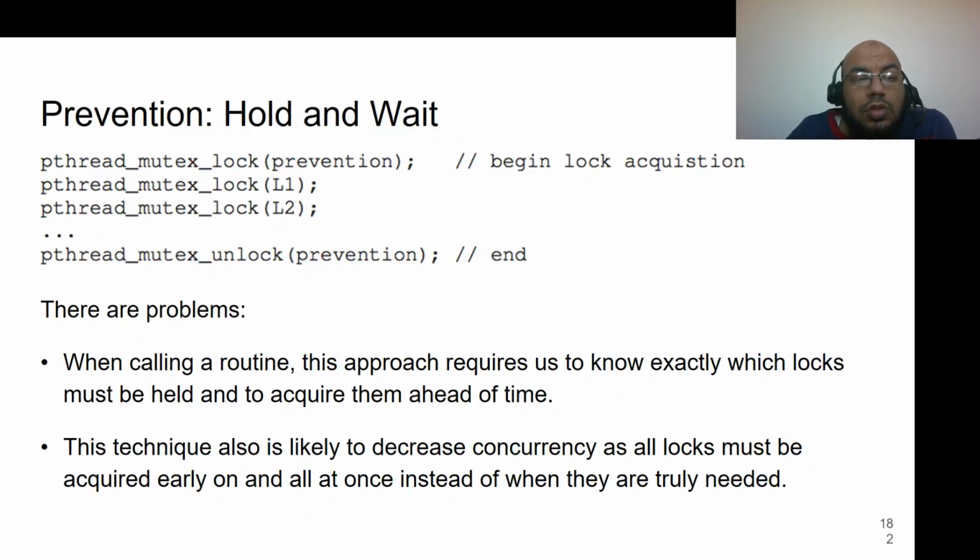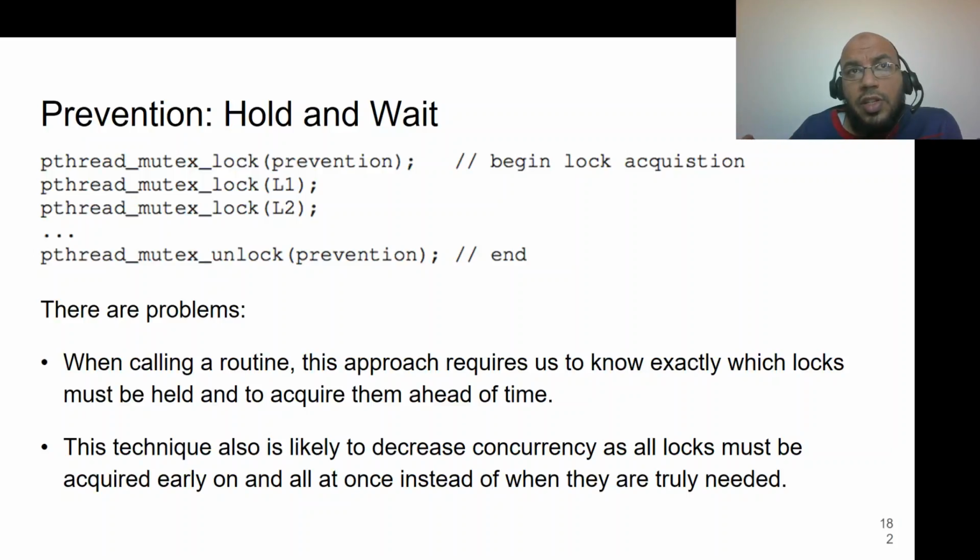And there is an issue here, because if you need to call the prevention lock, acquire all your locks at once, and then release the prevention lock, in many cases you do not really know at the beginning of running your method or function what locks you're going to need, because the locks you're going to need are highly dependent on what you're going to do in your system.